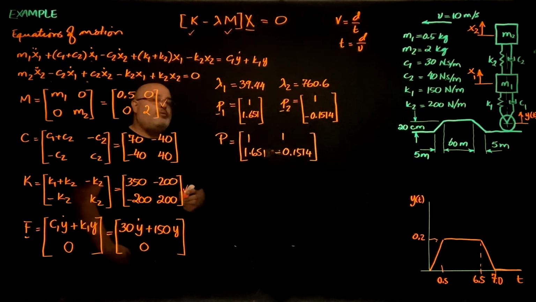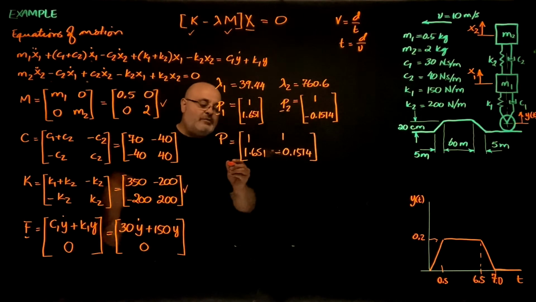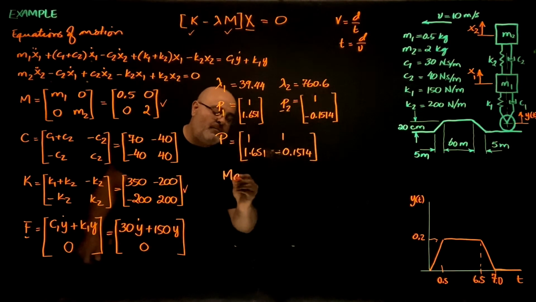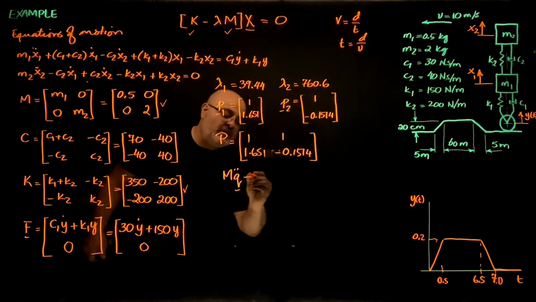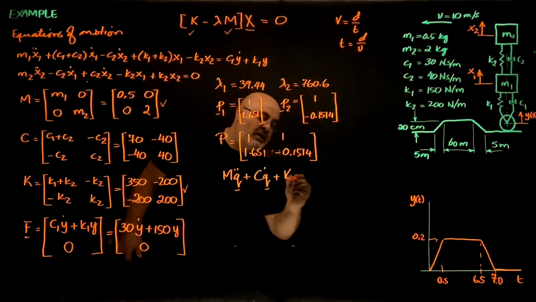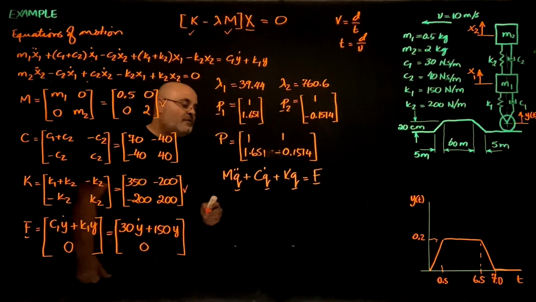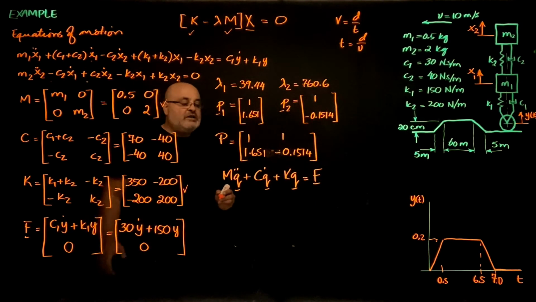Now my next step would be decoupling the system. The system is M q double dot plus C q dot plus K q is F. So I need to decouple the system.